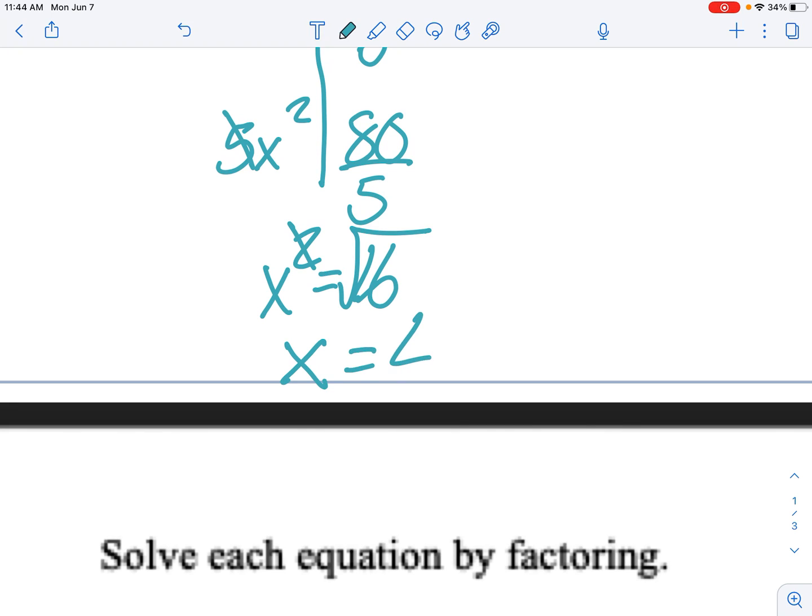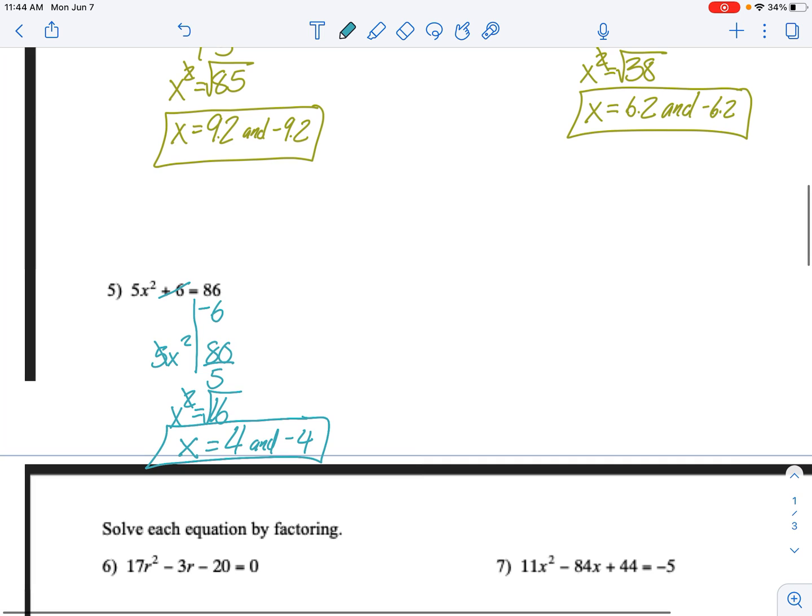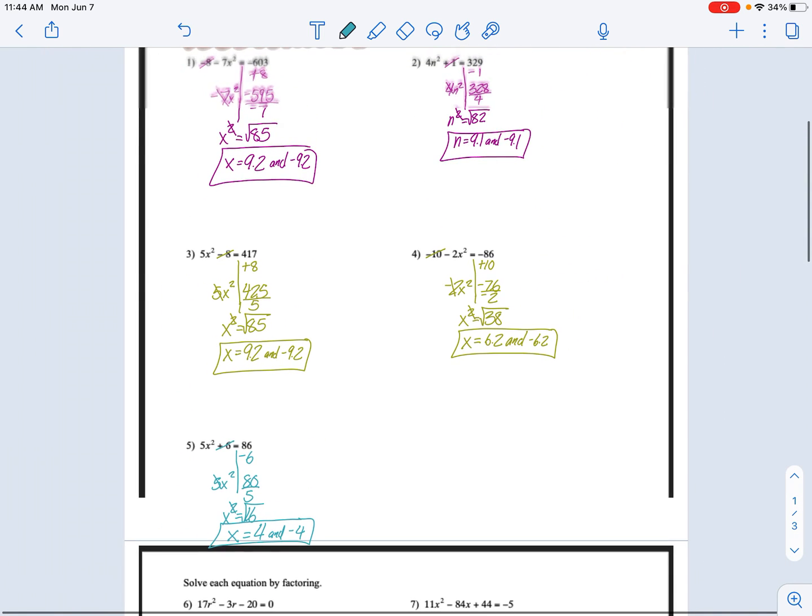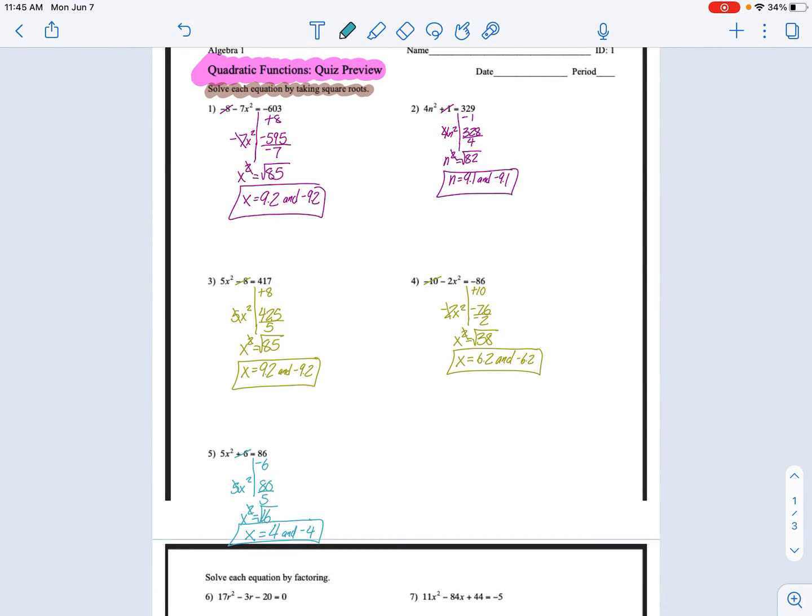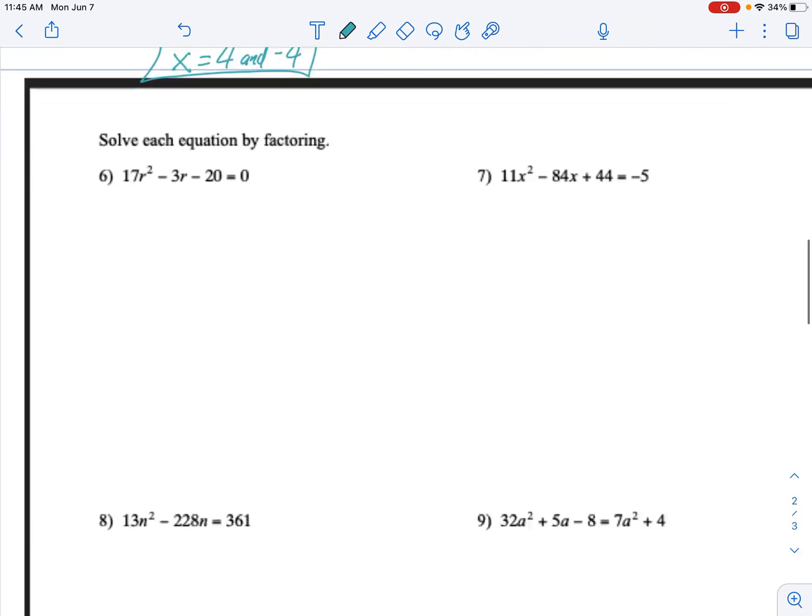The square root of 16 is 4, and negative 4. I didn't forget this time. And there you go. These are our first 5 problems.